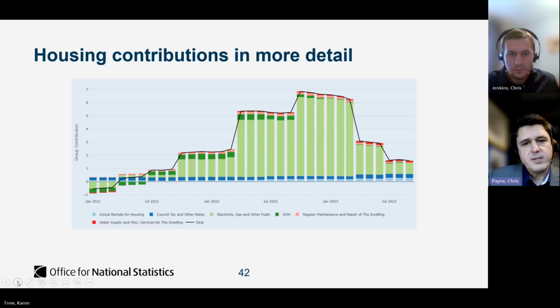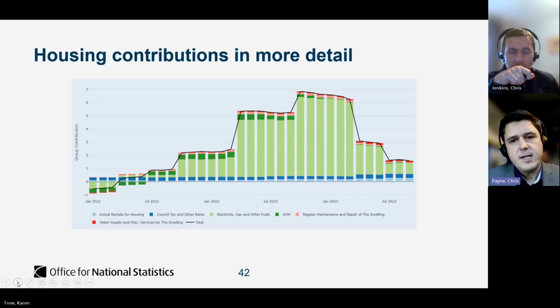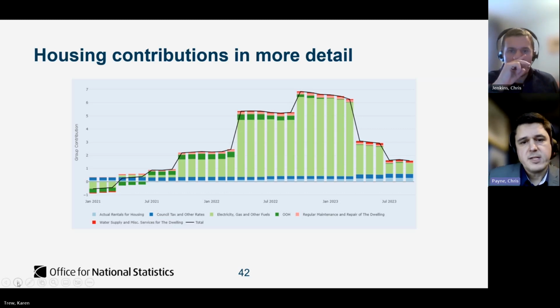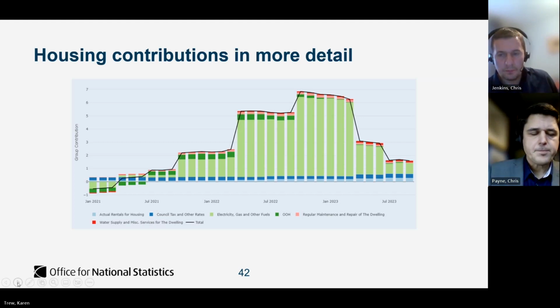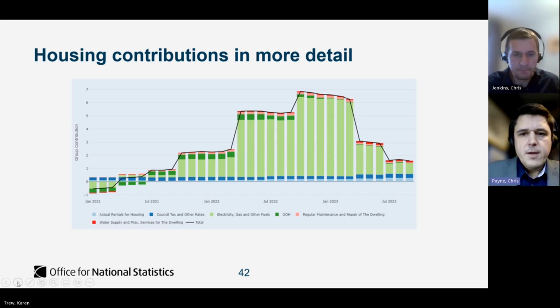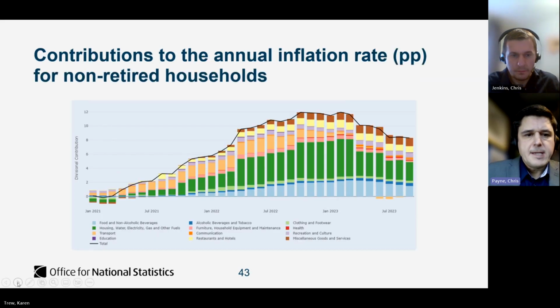And so that shows the impact that the changes in the price cap are having on inflation for retired households on an HCI basis. And that peak in October 22 coincides with the introduction of the government's energy price guarantee. And the contribution has come back down again since then, which is partly to do with the fact that because prices were high a year ago, we're comparing prices with a relatively high base. If we could move on to the next slide, please.